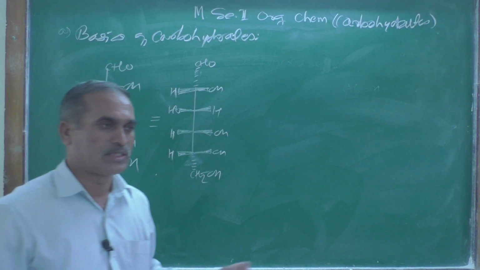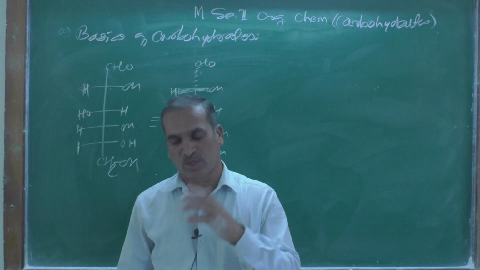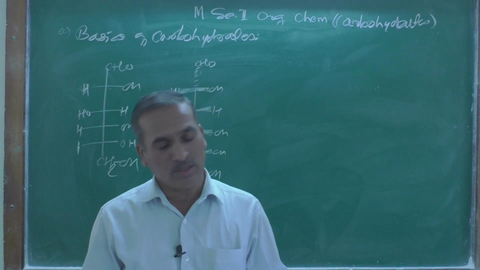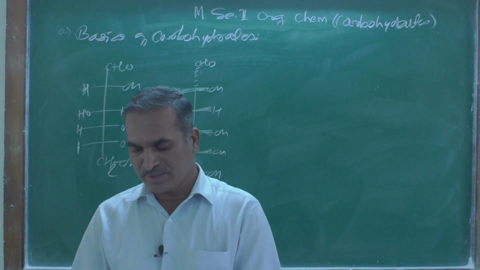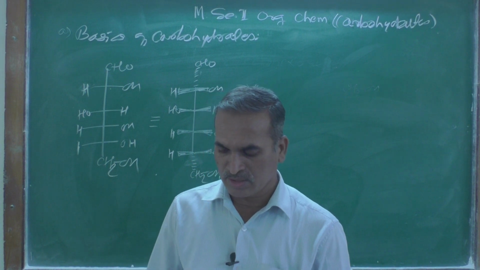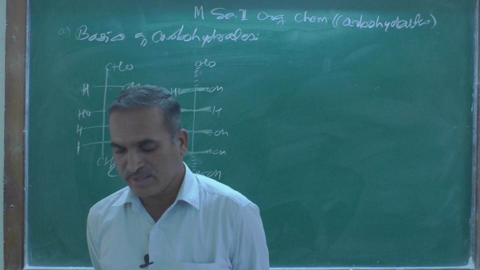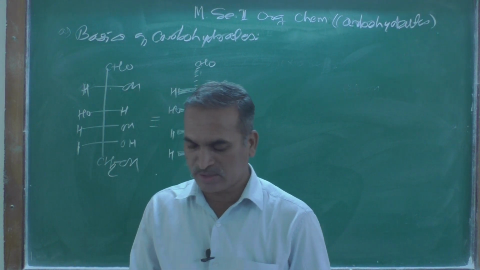This is the simplest representation of the glucose molecule according to the Fischer projection formula. Horizontal lines represent bonds coming toward us out of the plane of the paper, and vertical lines represent bonds going away from us, behind the plane of the paper.